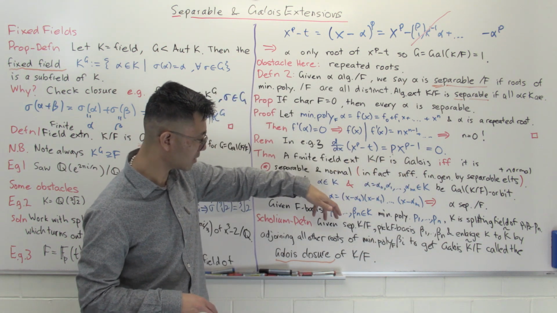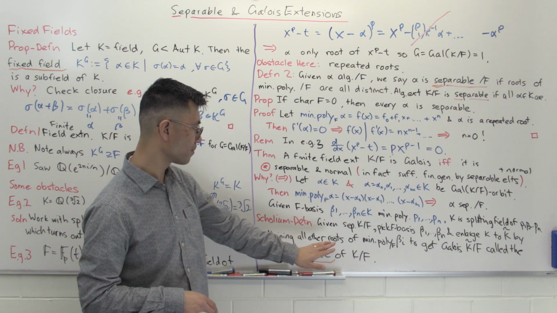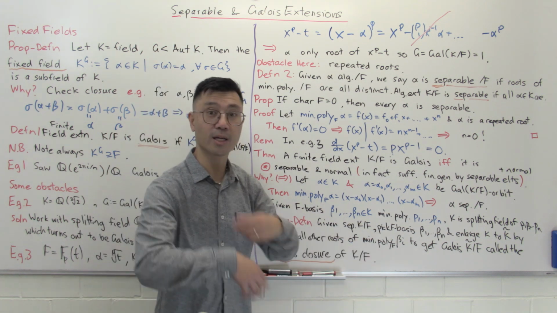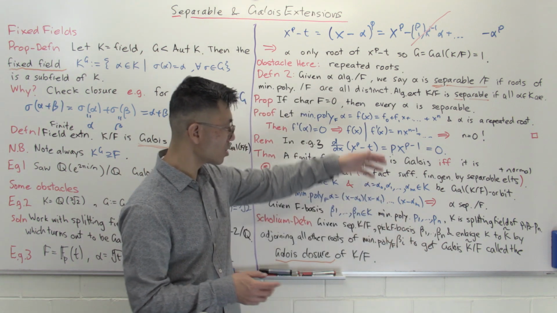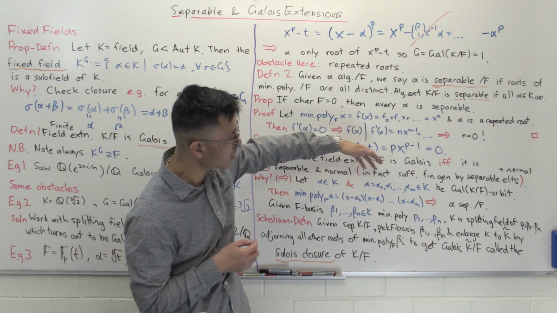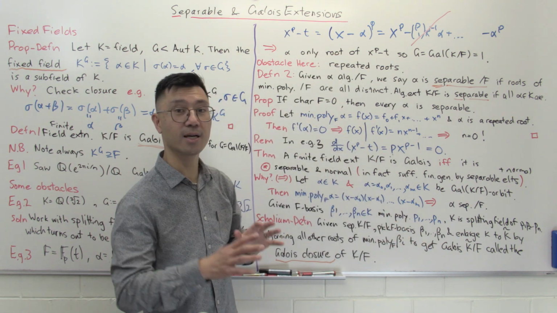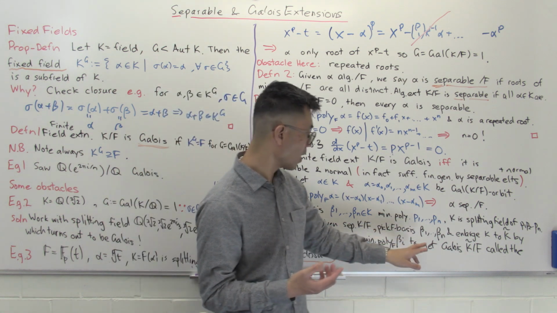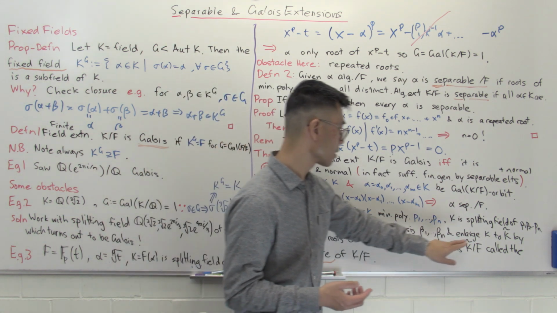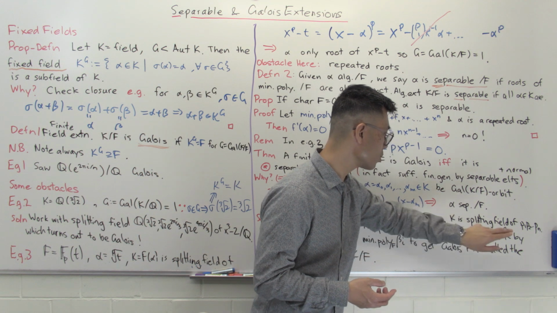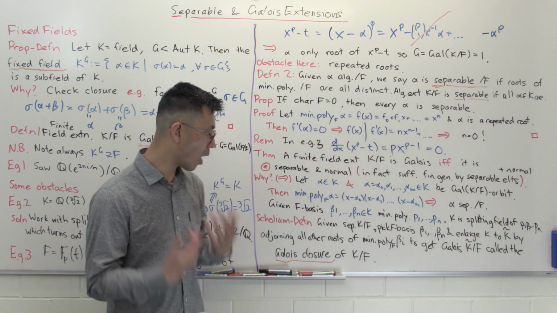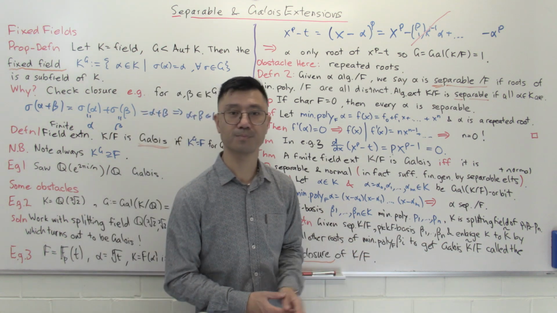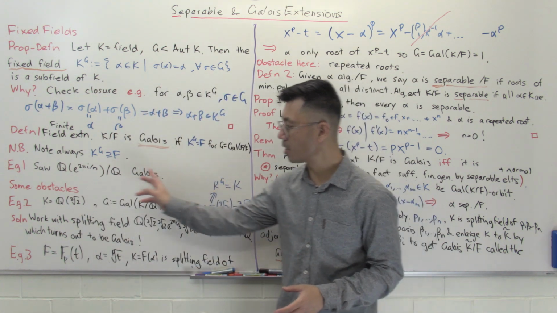That means that you're just throwing in more separable elements, and so what you'll get is something generated by separable elements. By this theorem, you'll get something that's still Galois. So you get a new field, K tilde, by throwing in all these extra roots. And this K tilde over F is now Galois, and it's called the Galois closure of K over F. It really just mimics what we did here.